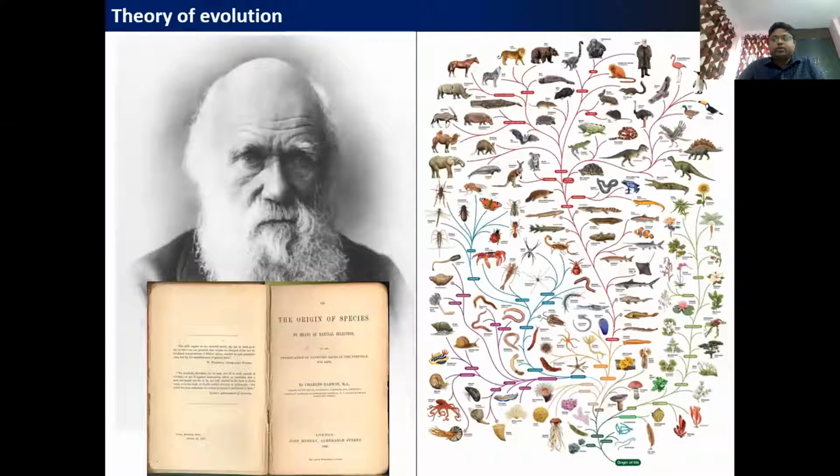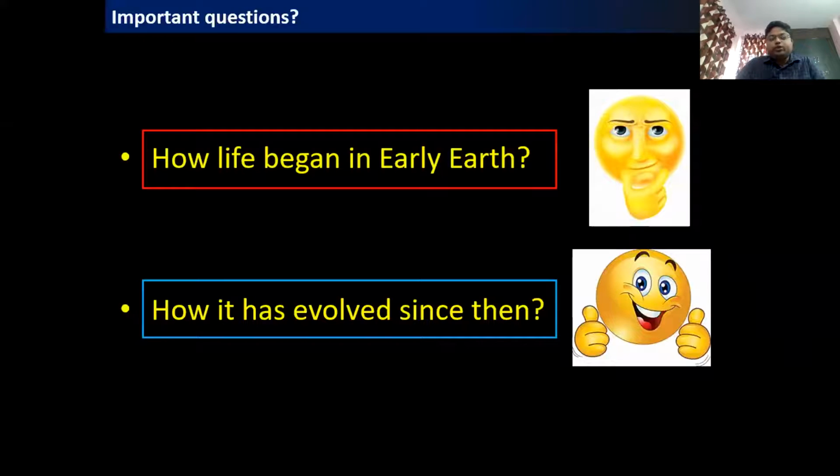So we have a common ancestor from which we all originated. But till today, we don't have any specific answer on how life began in this early Earth. And that is one of the cutting edge research topics in the present geological, geophysical, chemical, and biological community.